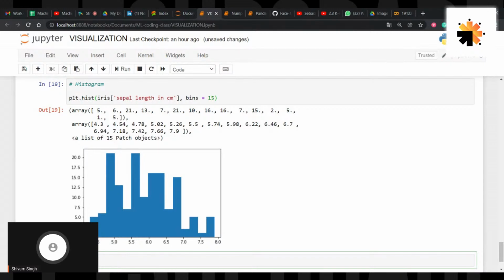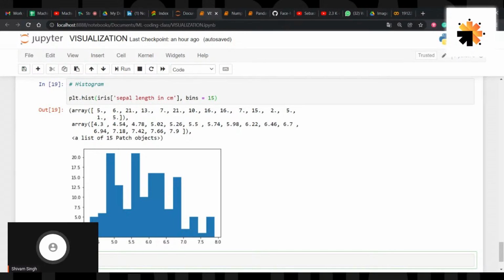You can see that 5 has maybe the maximum frequency. Actually, I think it is 4.9 or maybe 4.8 which has a maximum frequency. Then similarly 5.6 or maybe 5.7 has a maximum frequency.